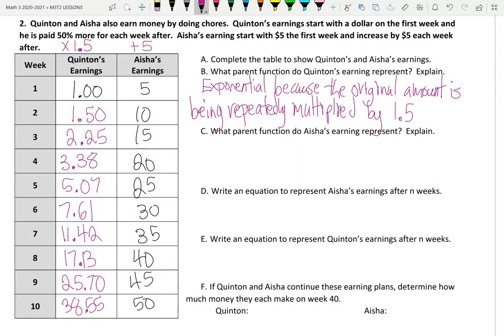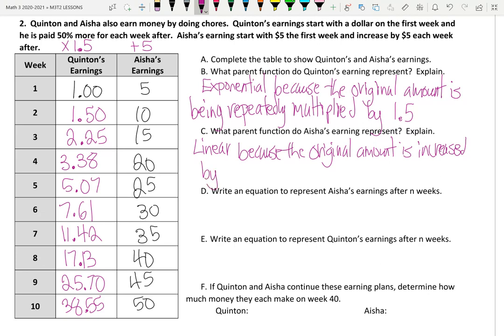Aisha is going to represent linear because the original amount is increased by 5 each week.